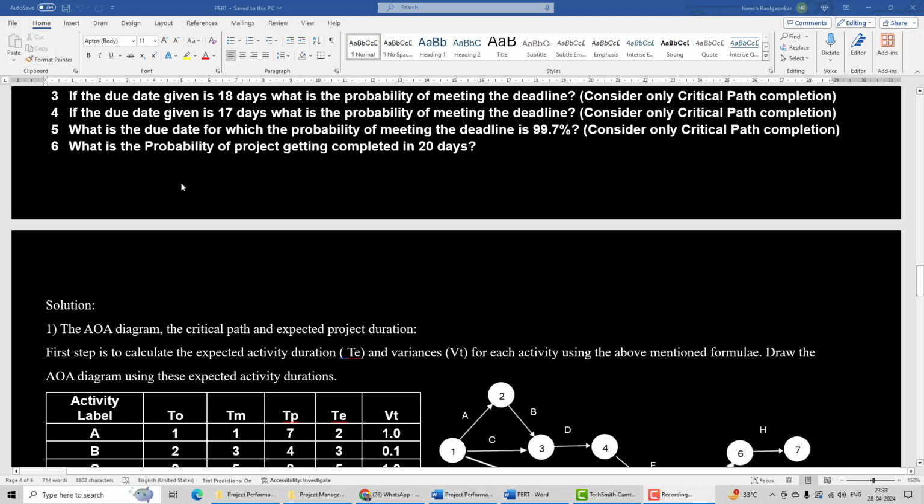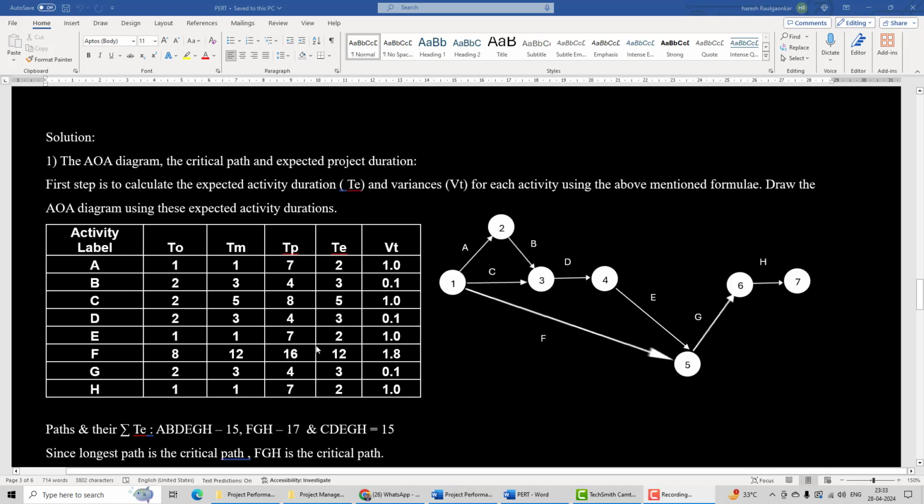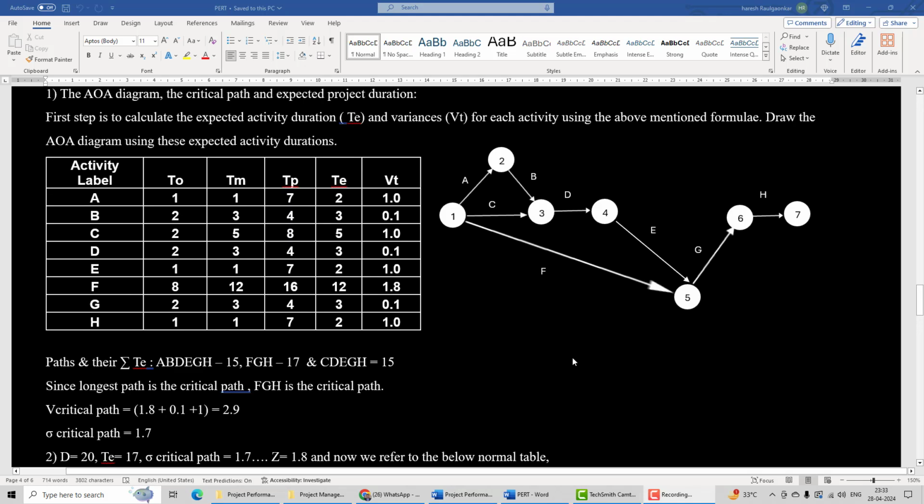Now using the TE values and the precedence activity relationships, we have drawn this AOA diagram, and this is how it looks. In case you don't know how to draw the AOA diagram, please refer to my earlier videos on AOA diagrams, where I have explained everything about drawing them.